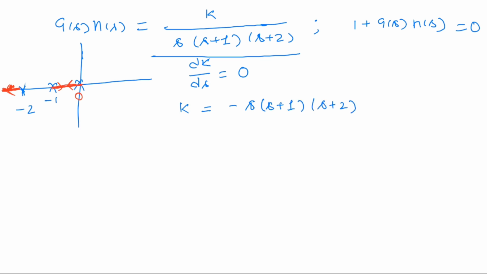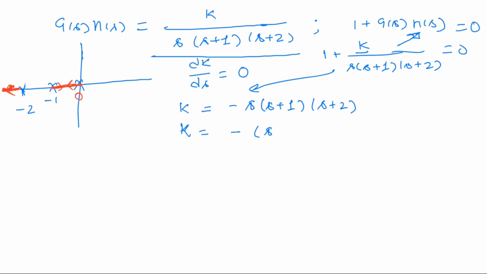The characteristic equation is 1 plus K over s(s plus 1)(s plus 2) equals 0, and from here K will be equal to minus of s(s plus 1)(s plus 2), which is minus of s cubed plus 3s squared plus 2s, and the rule is dK by ds equals 0.